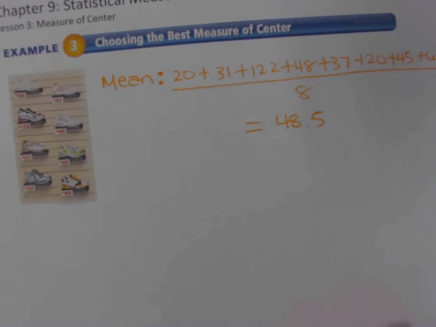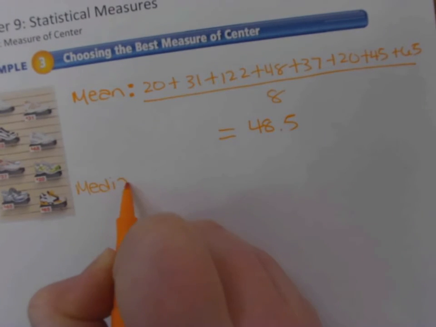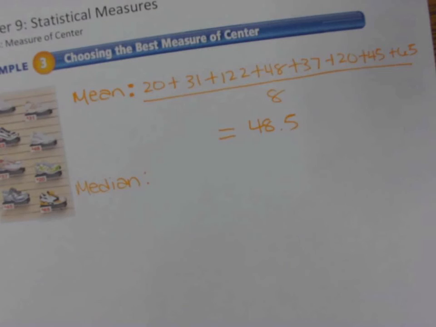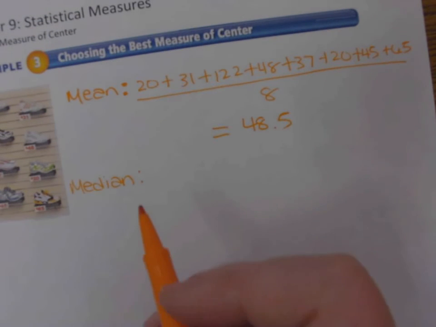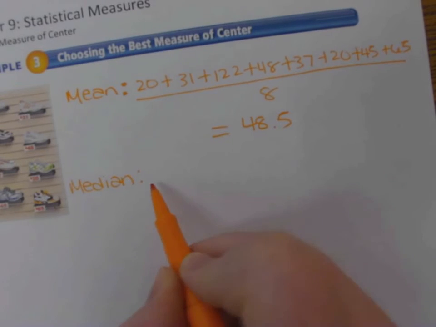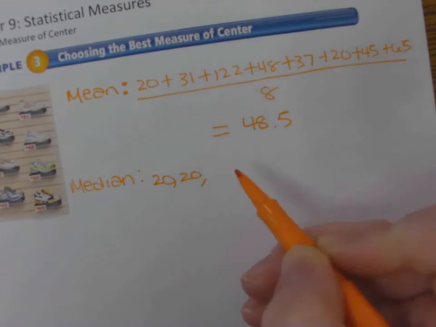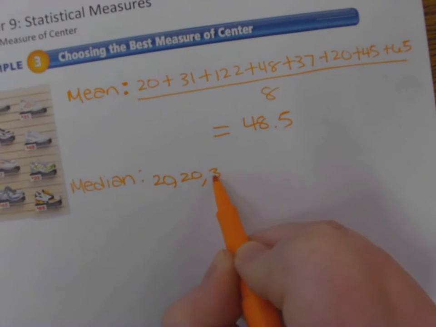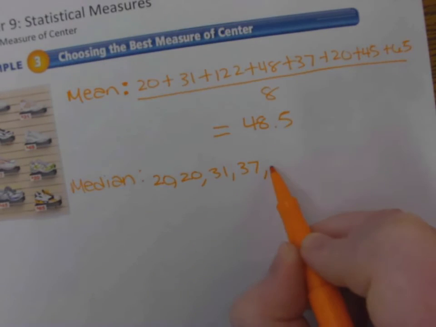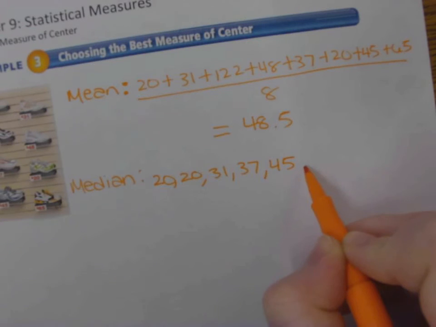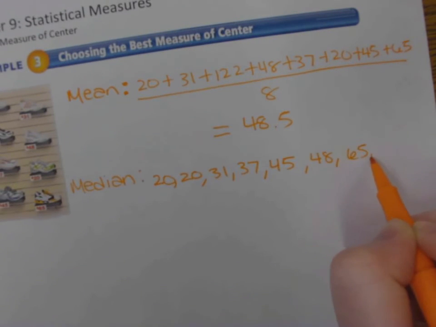Let's go ahead and try our median next, just to see if that would be a better representation. For median, remember, I need to order them from least to greatest. So I have two 20s, a 31, a 37, a 45, a 48, a 65, and a 122.